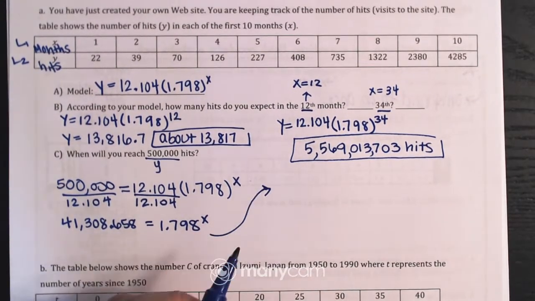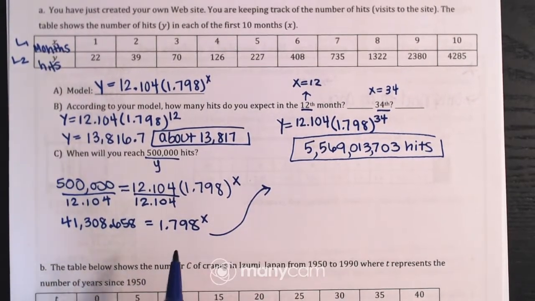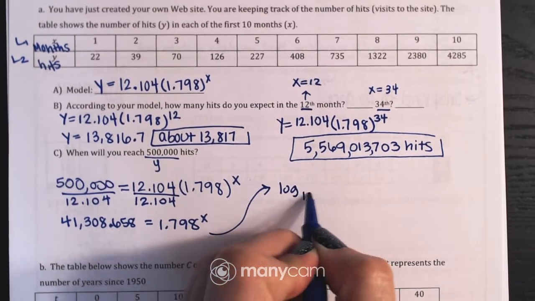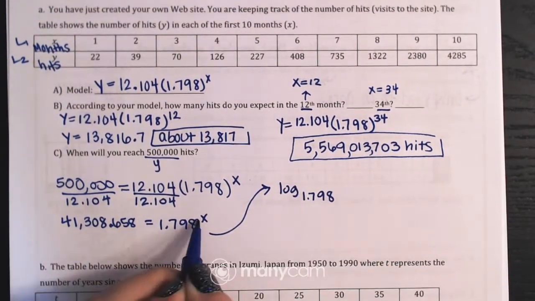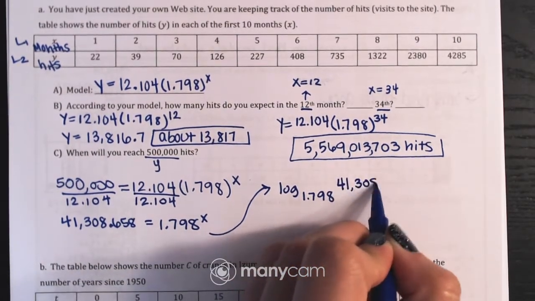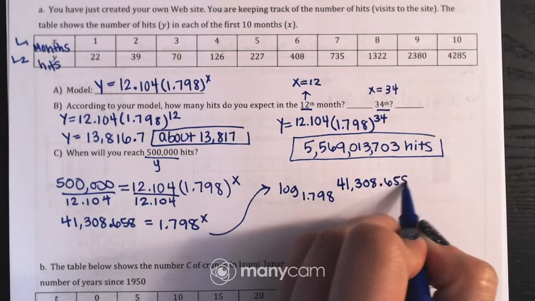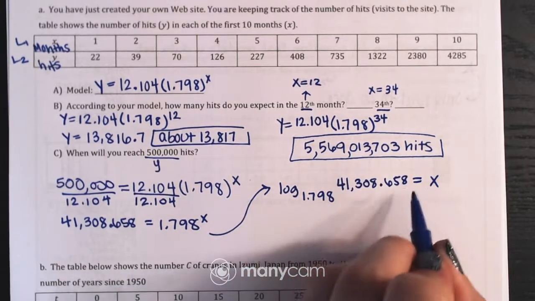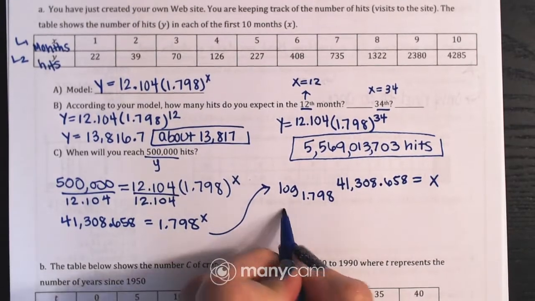So at this point I want to switch forms. So I'm going to write it as a log. The base is 1.798, so log of the base, 1.798, switch the other two pieces. So log base 1.798 of 41,308.658 equals x, or sorry, equals the exponent. I can type this log in my calculator using the change of base.